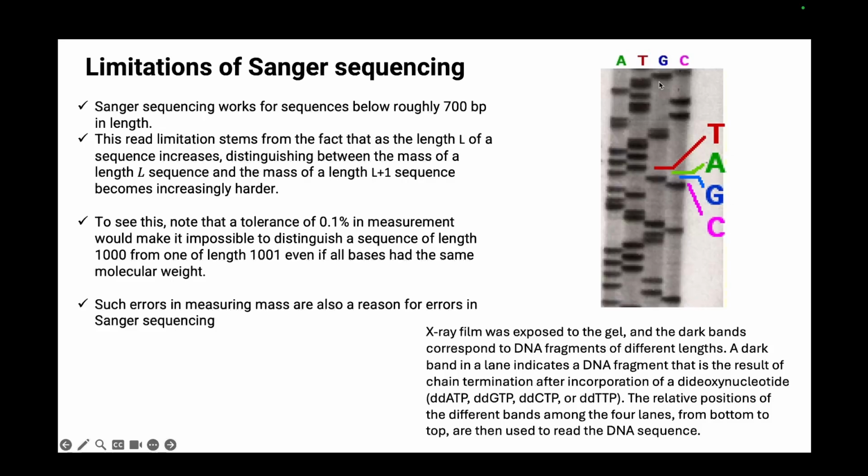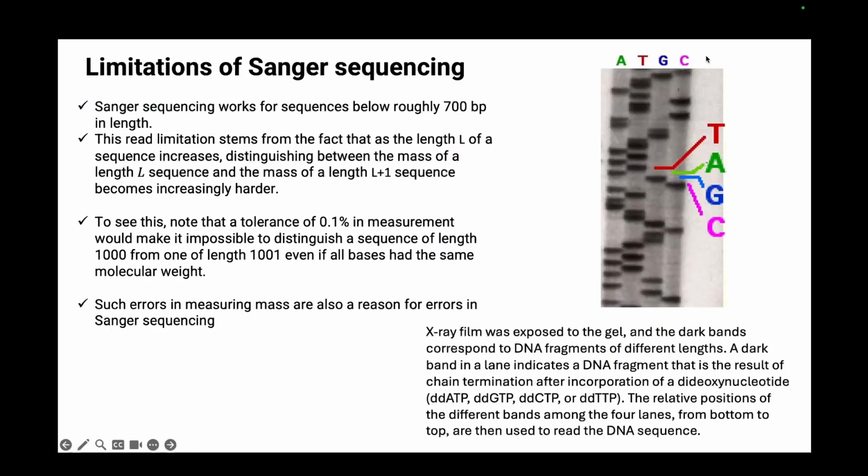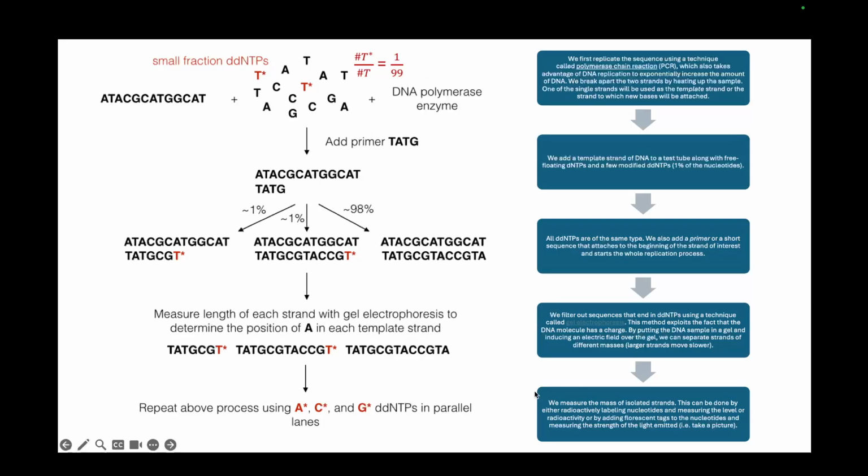The strands that have lower molecular mass have traveled the most, and the strands that have the most molecular mass have traveled the least. That is how you determine the weights of these individual strands.